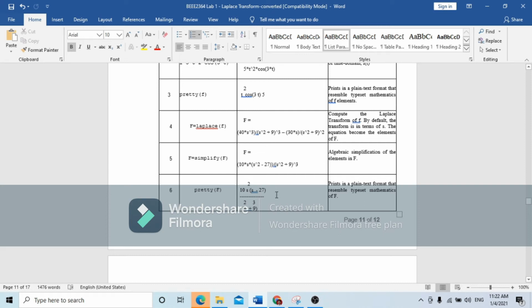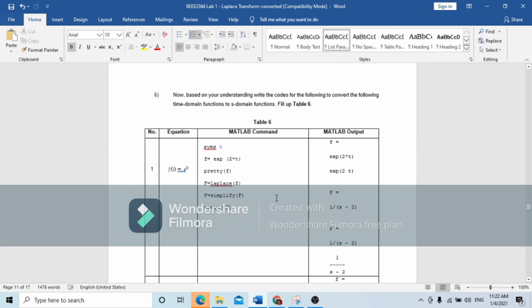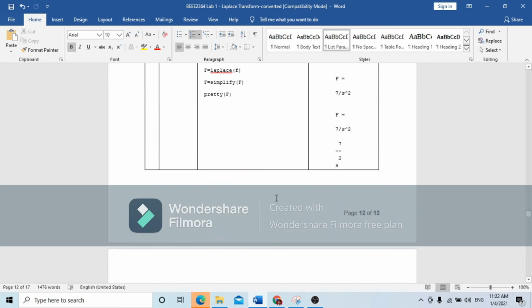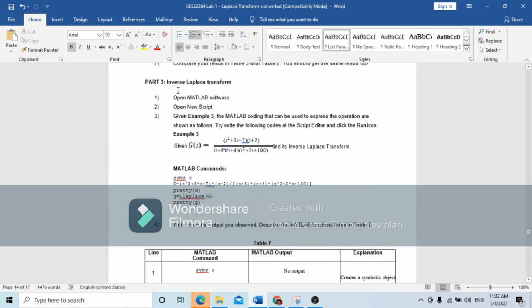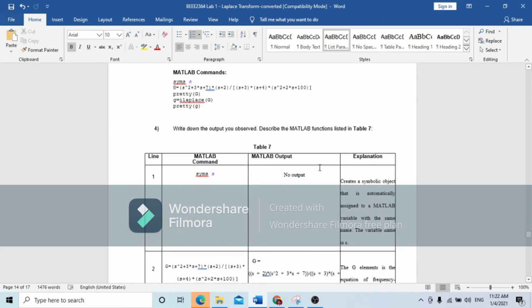So it looks just like the mathematical format. Here is the answer. And then for part 3, inverse Laplace.